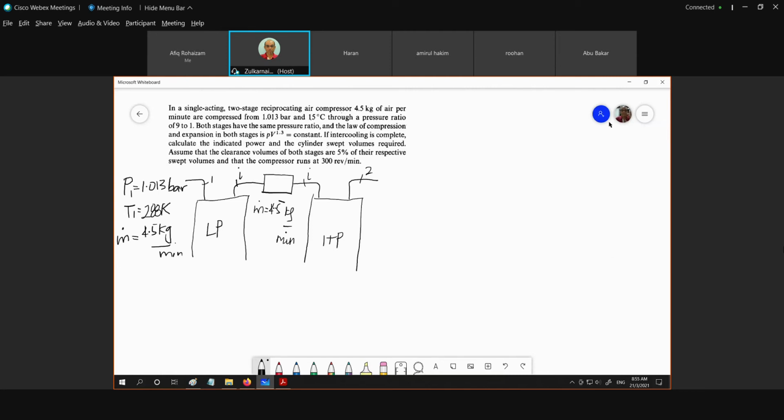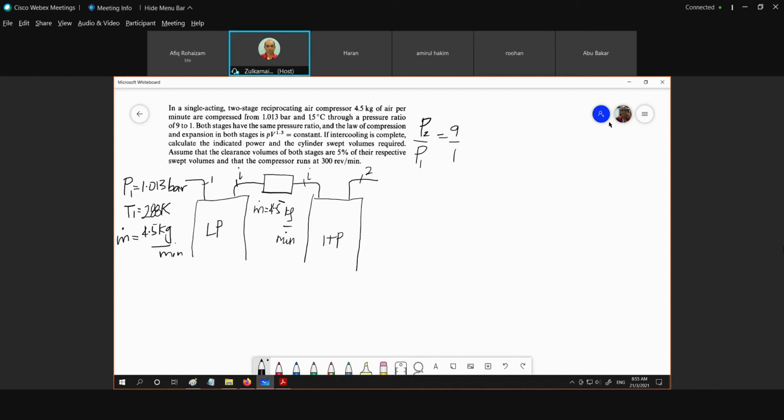So dia kata sekarang ni the pressure ratio, kita ada two stages of a compressor, nak kompreskan 9 to 1. Ni pressure ratio tau. Pressure ratio ni biasanya adalah P over P lah. Mana yang paling tinggi? Yang paling tinggi adalah 2. Mana yang paling rendah? Yang rendah adalah 1. Okay? Ini adalah sama dengan 9/1.